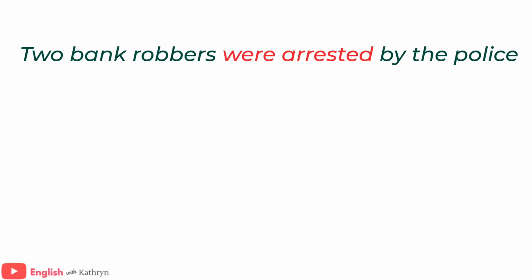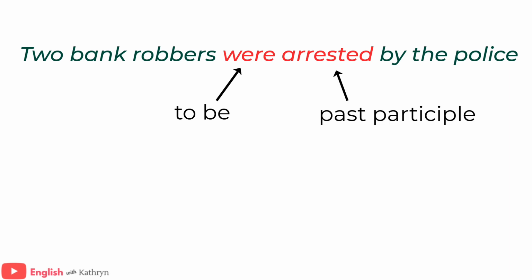Now let's look at how we form the passive voice. Okay, so in the previous sentence, 2 bank robbers were arrested by the police. We have were arrested. We have the verb to be in the past simple in this case. And as always, the past participle.